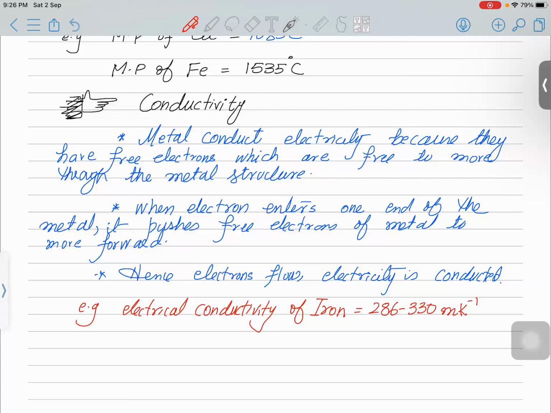Okay, 286 to 330. W per m K, M to the power of minus one and K to the power of negative one.